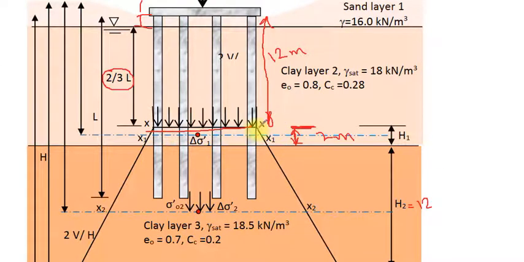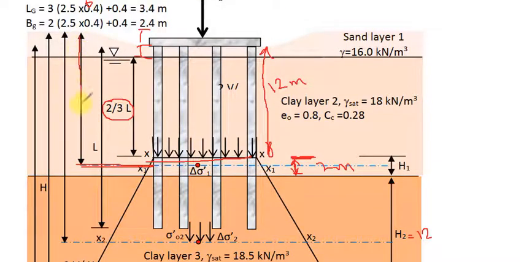For the first layer, we have to compute the overburden pressure at the middle of the layer. This is the middle of the layer, and we have to calculate the overburden pressure for all the layers through all this distance.